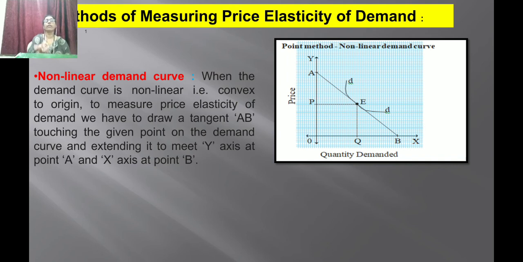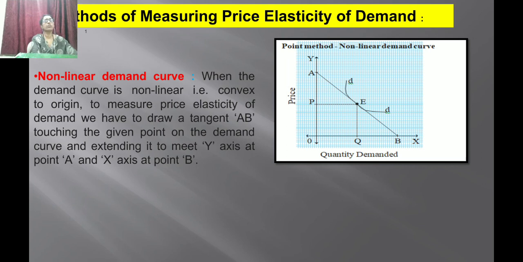Like in the linear case, where we touched A and B, here we draw one tangent for the non-linear curve, touching the given point. The tangent extends to meet the y-axis at point A and the x-axis at point B below the point.